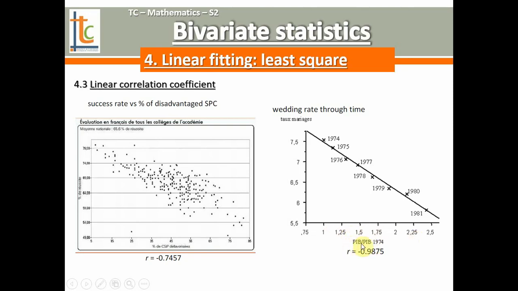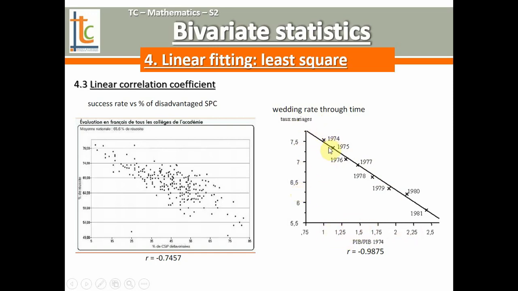PIB is in French, Produit Intérieur Brut, GDP, Gross Domestic Product. This is the translation. As we can see, through time, from one year to the other, the wedding rate in the population decreased and the GDP increased.